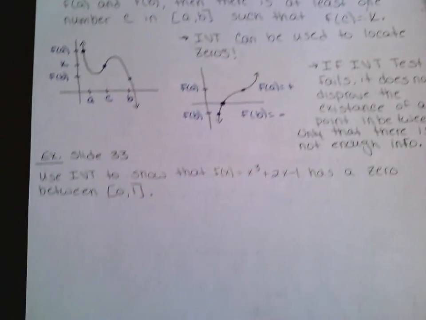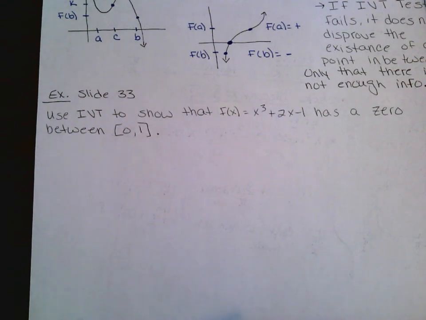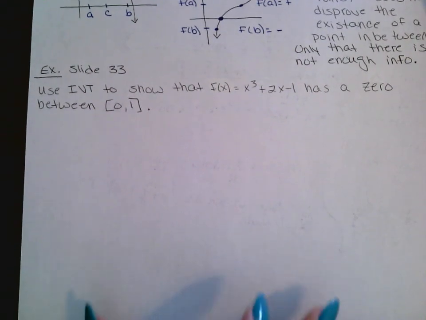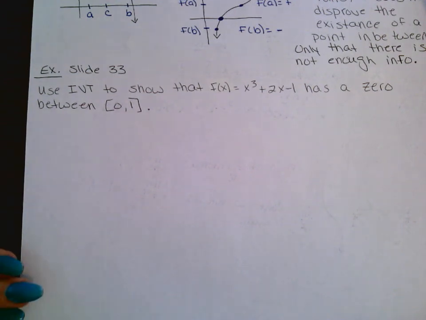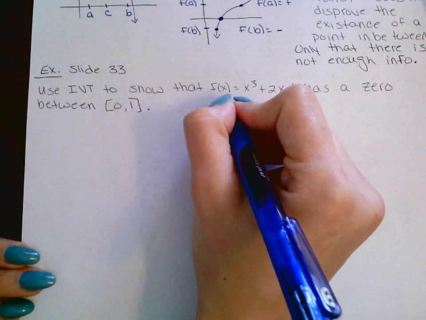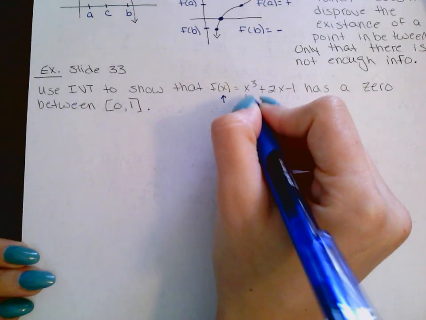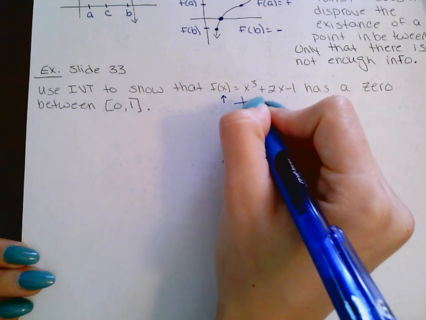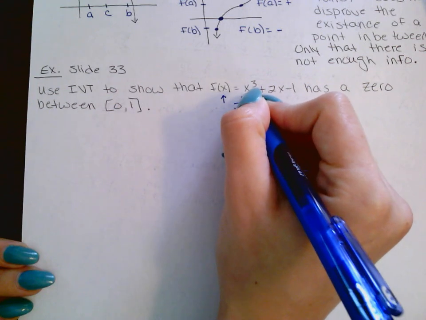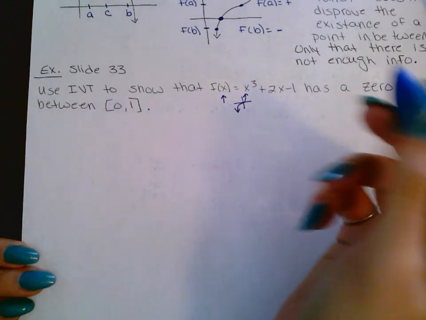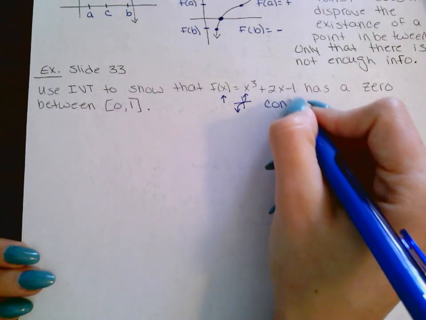So let's look at this last question for today. Use IVT to show that f of x, which is an x cubed function, has a 0 between 0 and 1. The first nice thing about this is that I know that this function is a cubic, which means it looks something like this if I know my graphs, with some sort of shifts, which means that this is continuous.